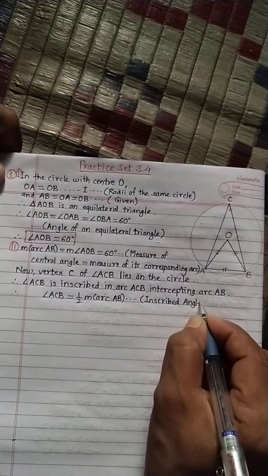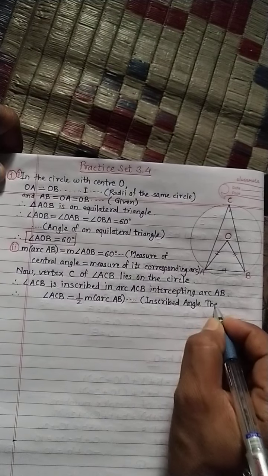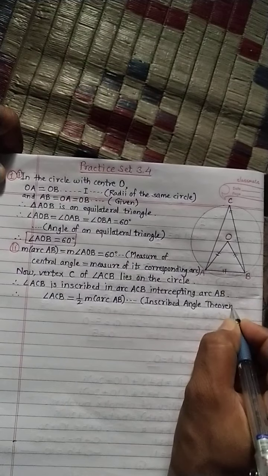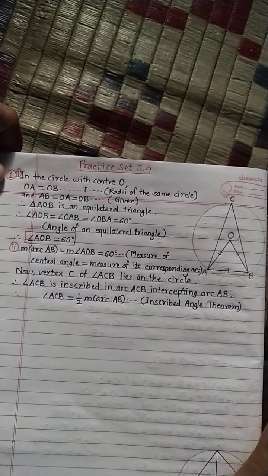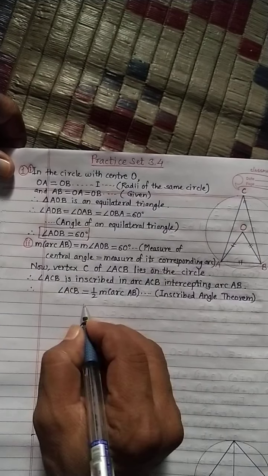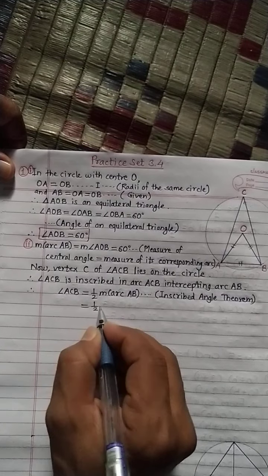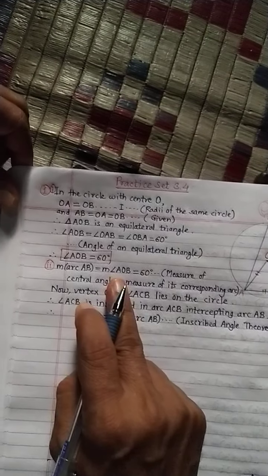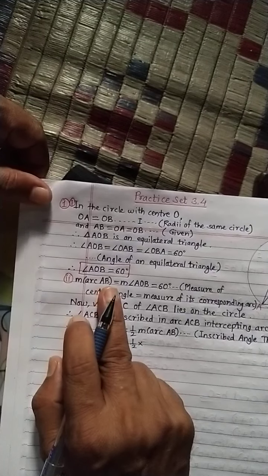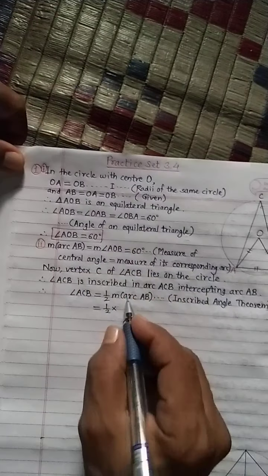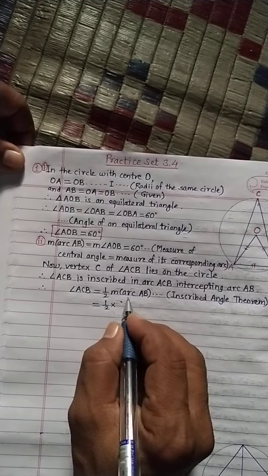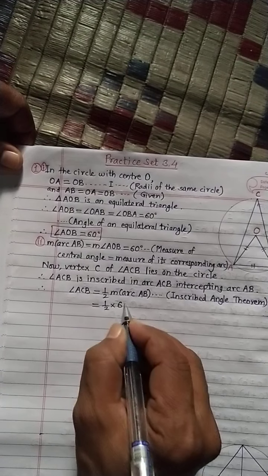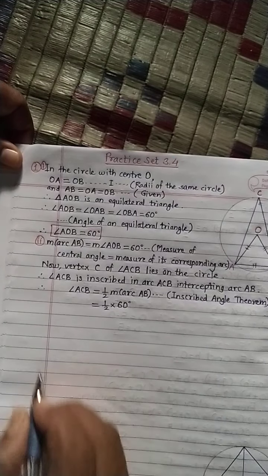So half multiplied by the measure of arc AB. The measure of arc AB is equal to 60, so in place of the measure of arc AB I write 60 degrees.